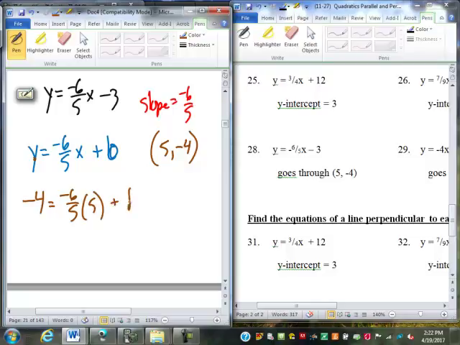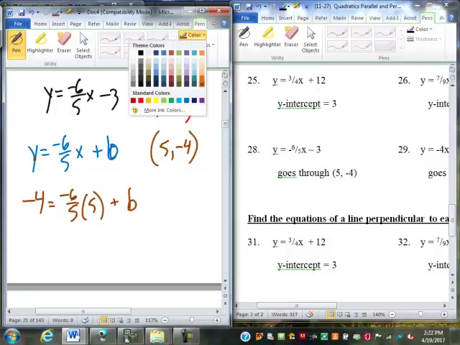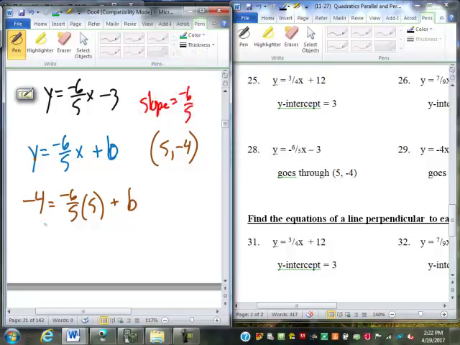5. And now we're going to solve for b. So I'm going to do negative 6/5 times 5 is negative 6. And then what do we have to do? Adding 6.